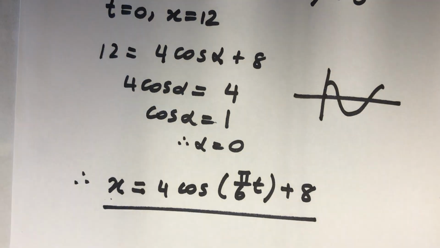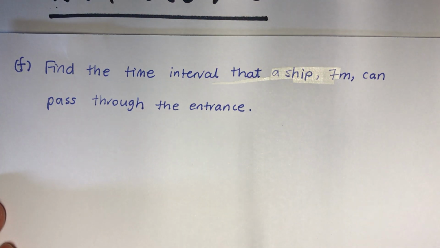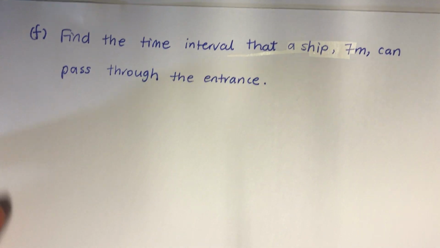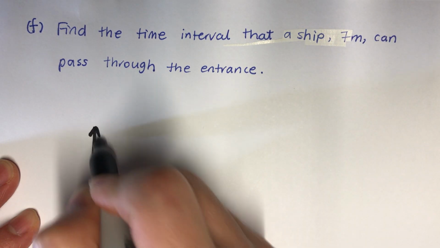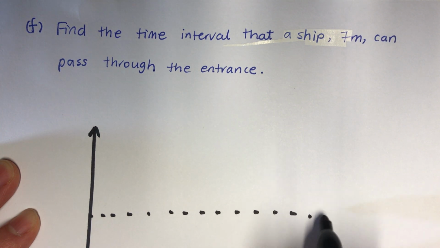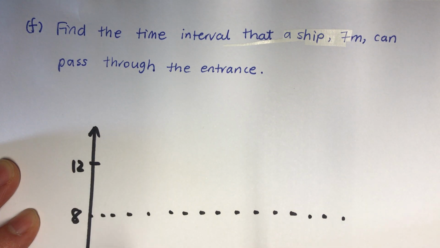Now, next question, it says here, find the time interval that a ship 7 meters long can pass through the entrance. Okay, so let's have a look at the graph here. I'm going to sketch this again, and this time I'm going to do a little bit better. 8, that's 12, that's 4.